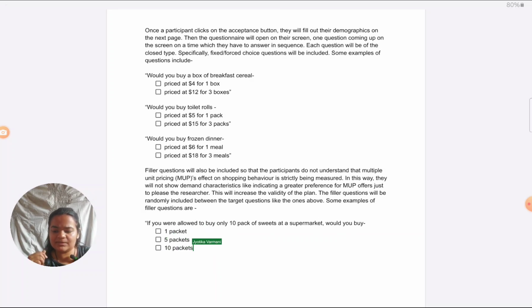So this I have based off the quantity limits feature, which was there in the Vansing study. Nothing to do with MUP as such, just so that a different type of question can be presented to participants.